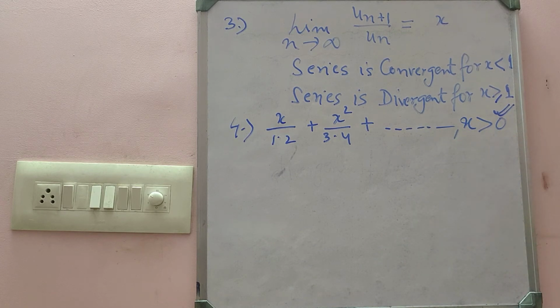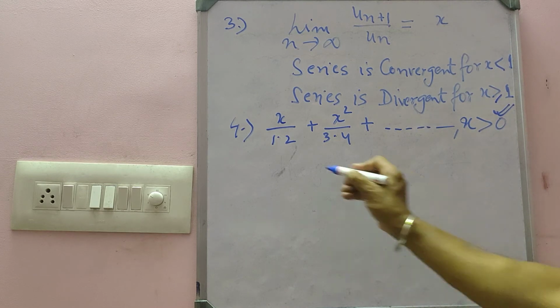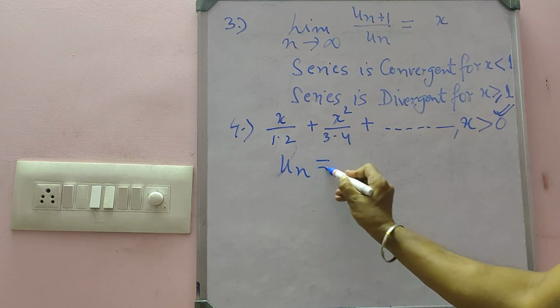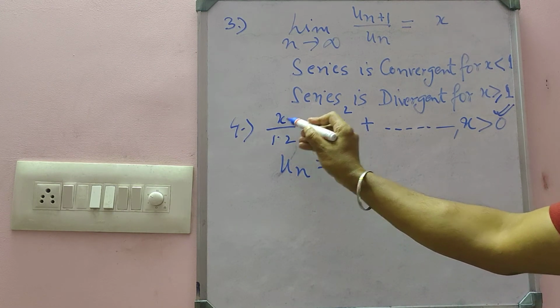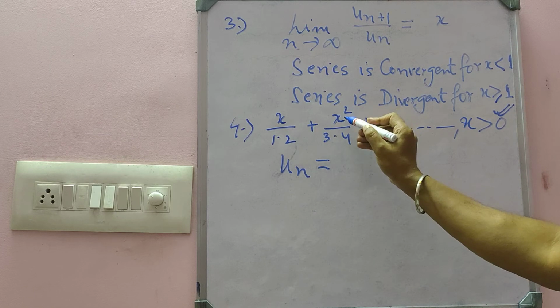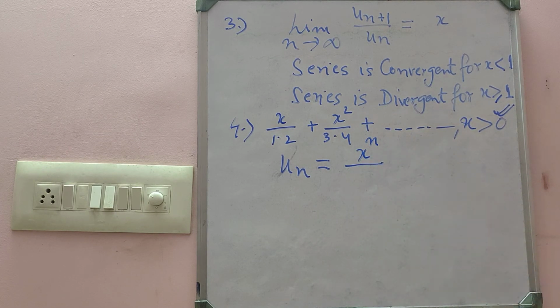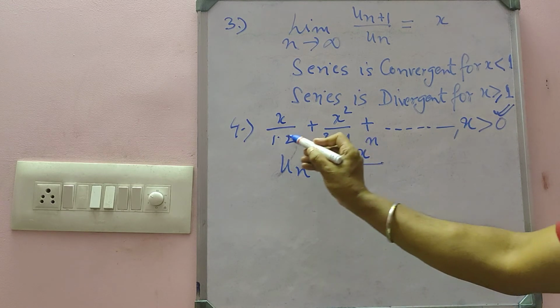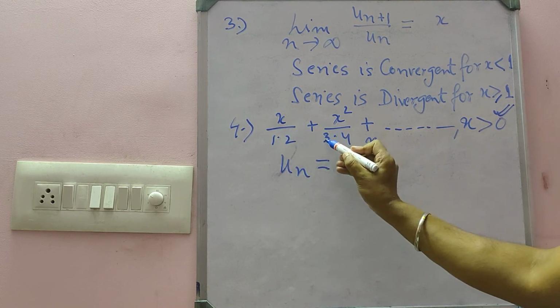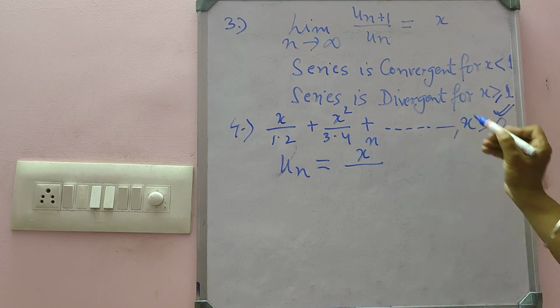You know, the first step is you have to find the nth term and the n plus 1 term. So un equal to, your numerator part: x power 1, then x power 2. So in the nth term it will be x power n. Now here see, first is 1, 3. So definitely next will be 5, 7, this way.